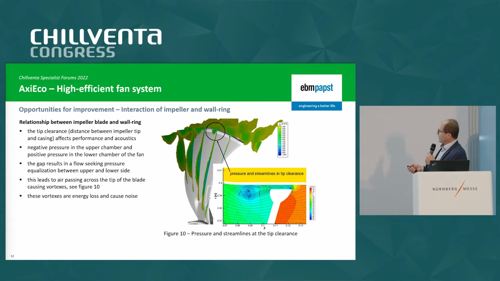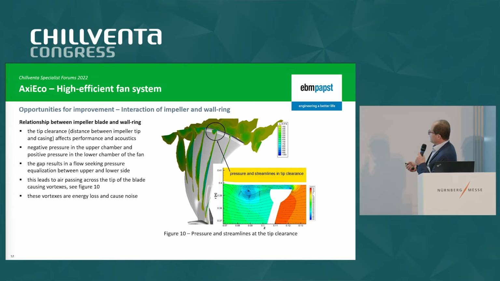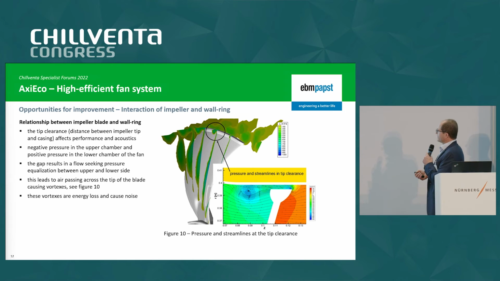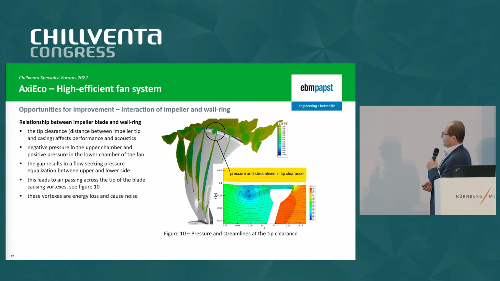And this backwards flow in that tip clearance area causes turbulences, it causes losses, air losses, and it causes noise. As you can see here, we have partially very high velocities and high pressure differences.